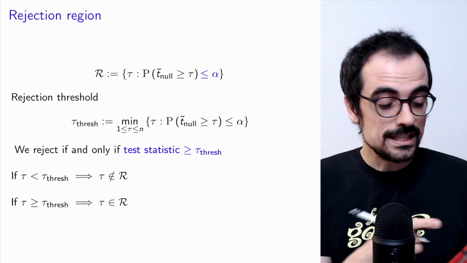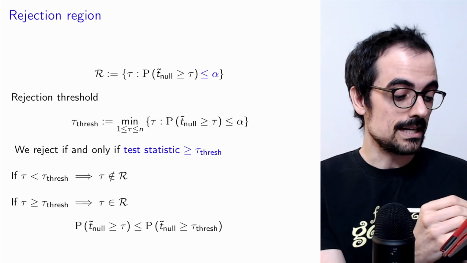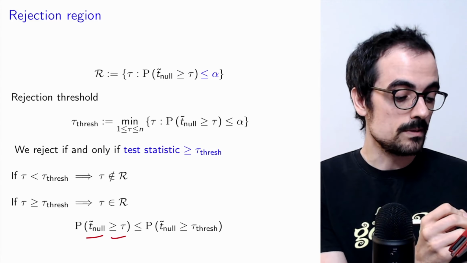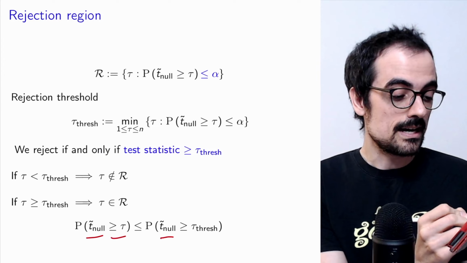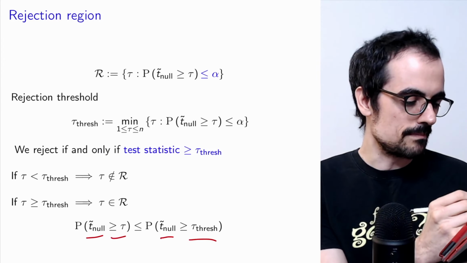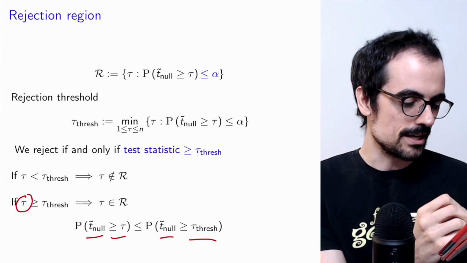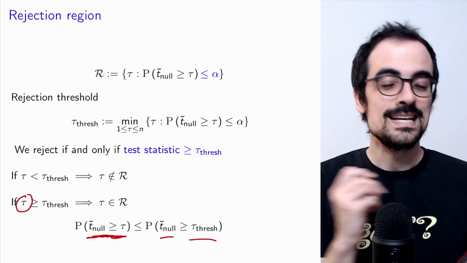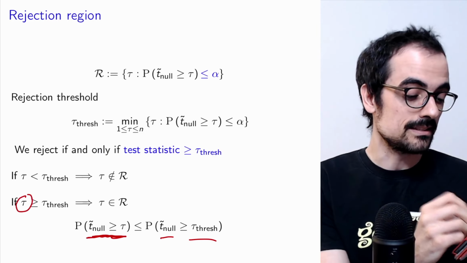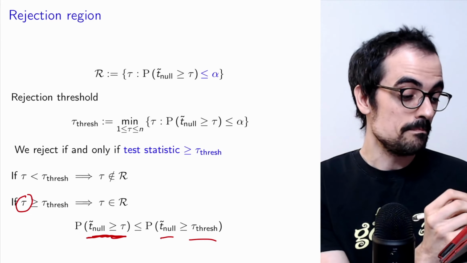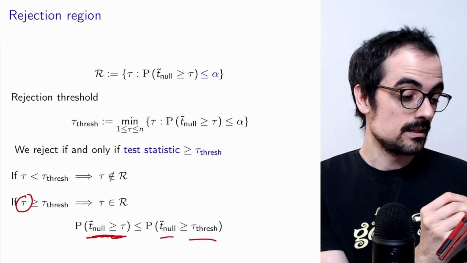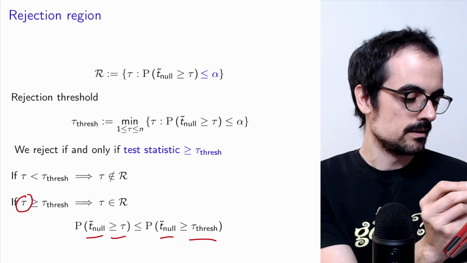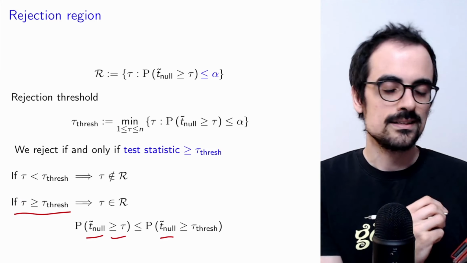Then we do reject, because what is the probability that the test statistic is above the threshold? It can only be smaller than the probability that the test statistic is above this tau that is greater than the threshold. The probability that the test statistic is above tau is bounded by the probability that the test statistic is greater or equal to the threshold, because here we're assuming that tau is greater than the threshold.